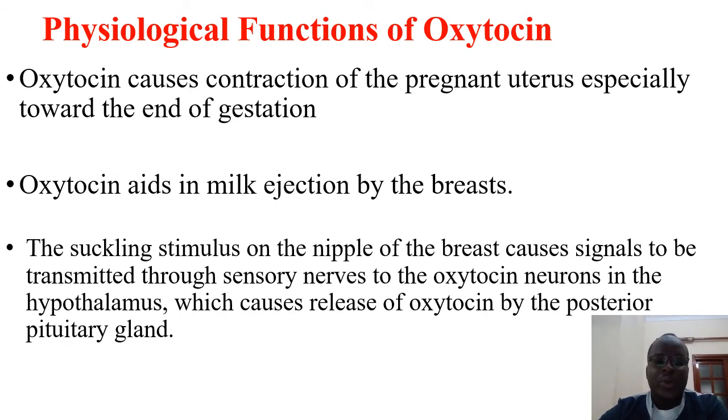Oxytocin also helps in milk ejection by the breast, because within the breast we have the myoepithelium, and those myoepithelium have receptors for oxytocin. Once oxytocin binds to those myoepithelium, which are also G protein-coupled receptors, that will cause contraction of the myoepithelium to squeeze the milk out of the ducts.